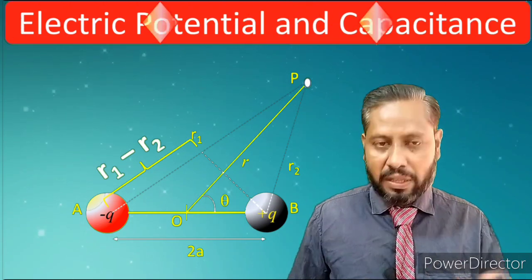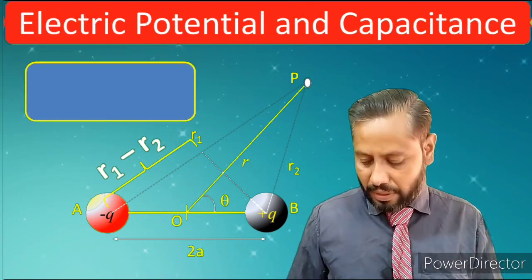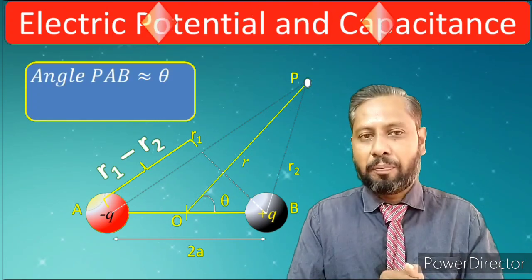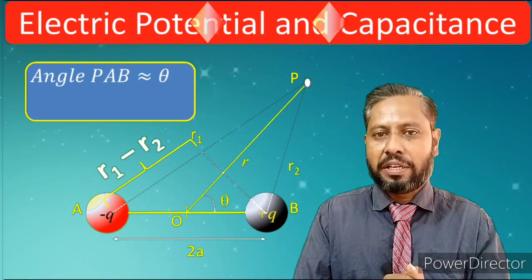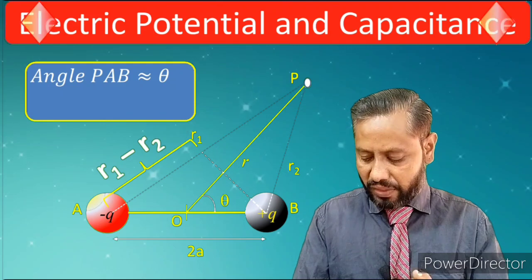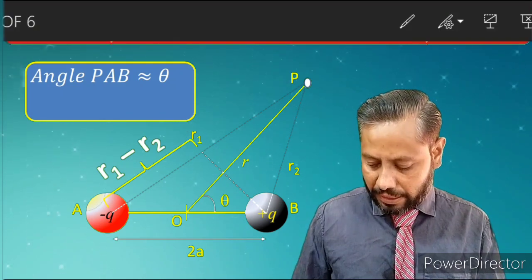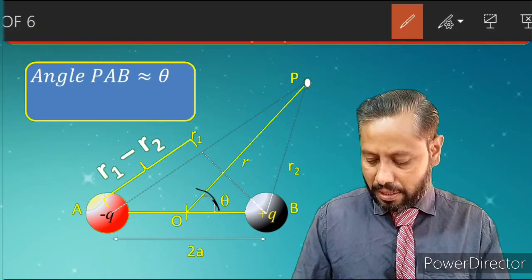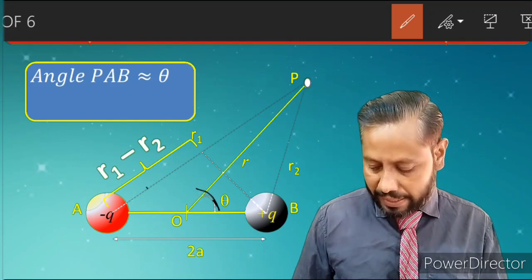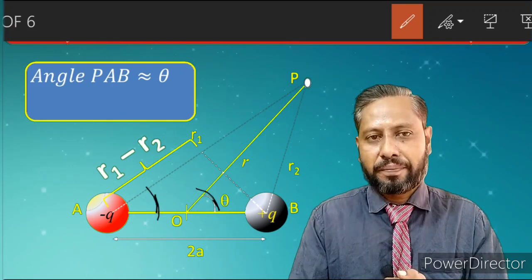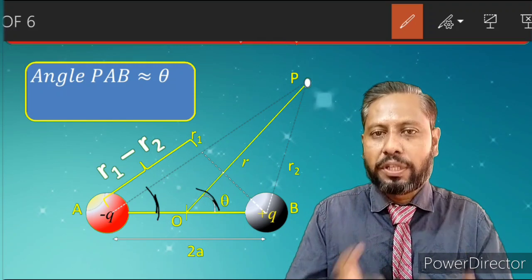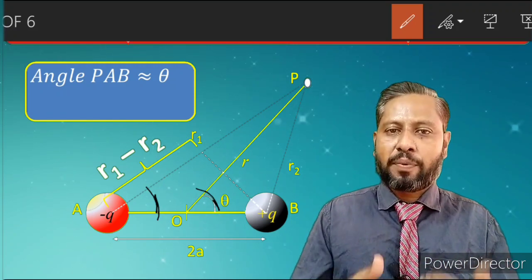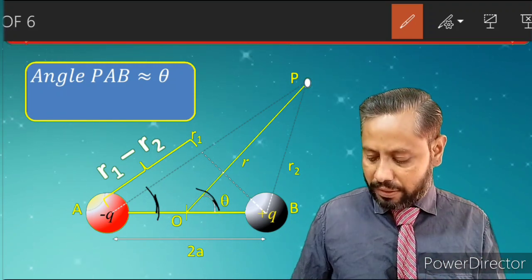Now, further approximations: let us say that angle PAB is also approximately equal to theta. See in the diagram, theta is basically this angle. It is not exactly equal to theta, but we are assuming it to be theta.